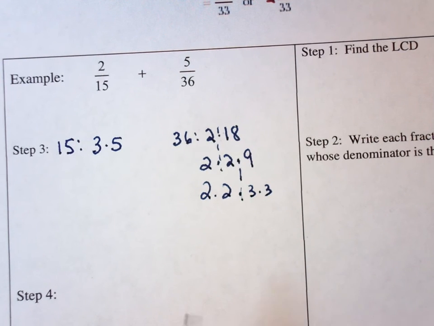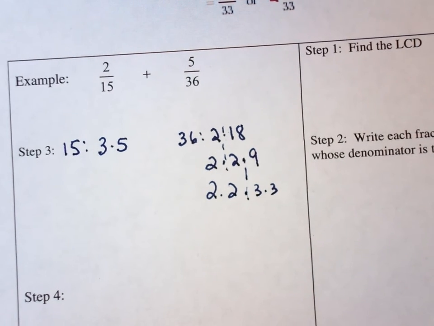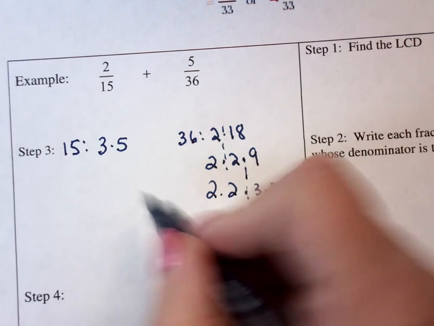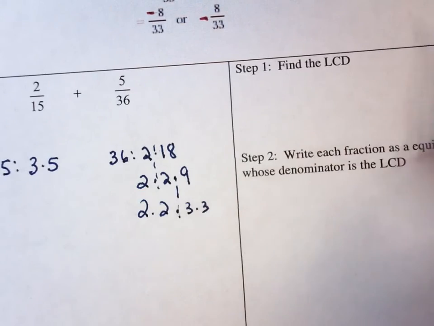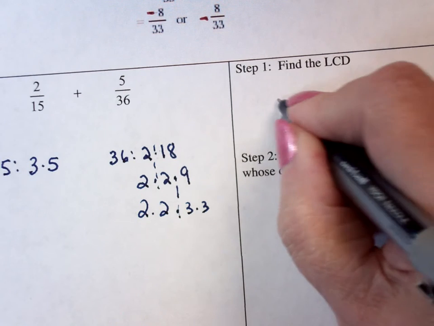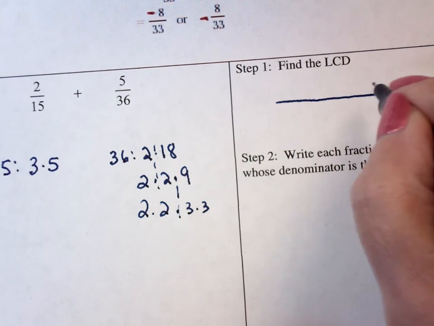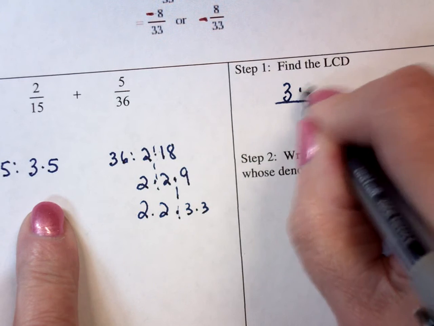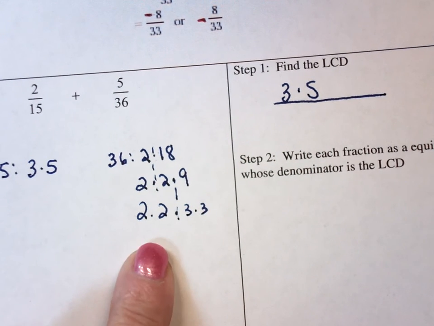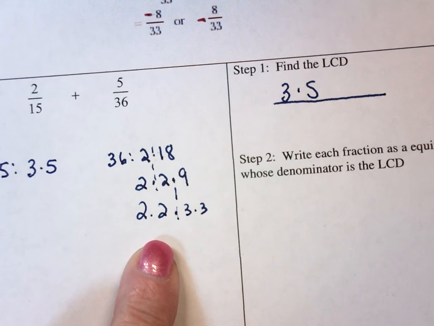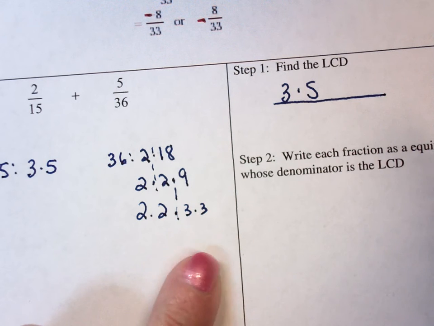So what's the LCD? I take a look at building the LCD. I first put in the first denominator, which is 3 times 5. Then in order for 36 to divide it, it has to have two 2s and two 3s.